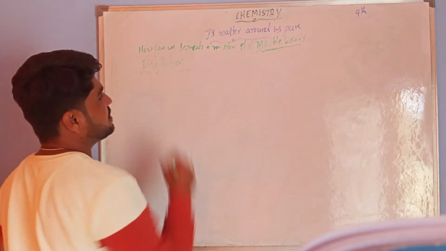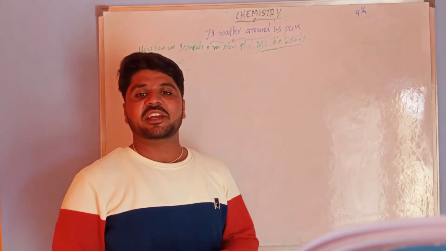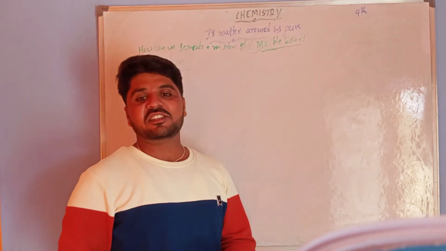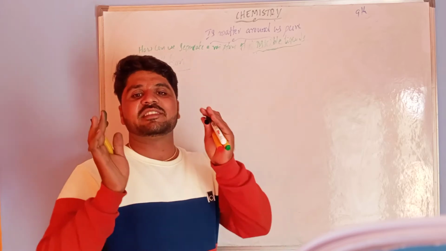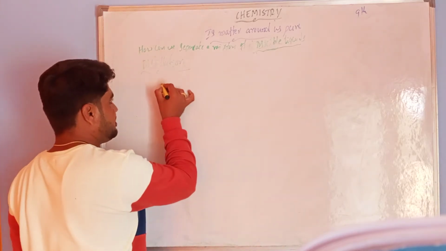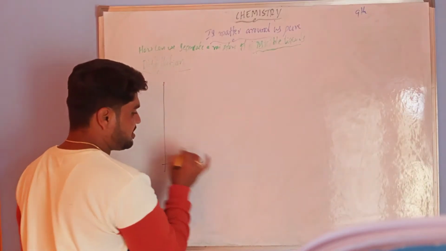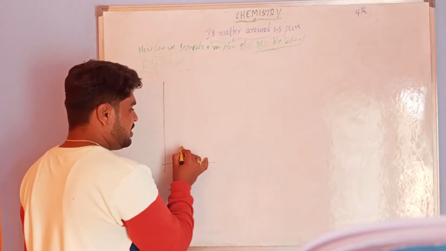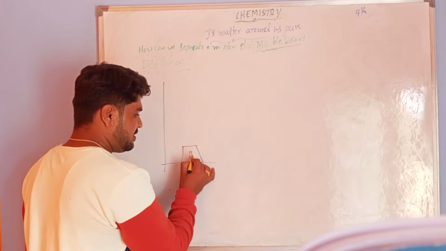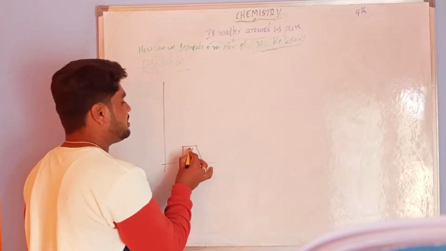Distillation. We are going to use a new technique, that is the distillation technique. For this technique, one setup is needed. The setup is like this. We need a stand. In this stand, I am going to put a Bunsen burner, which gives the temperature.